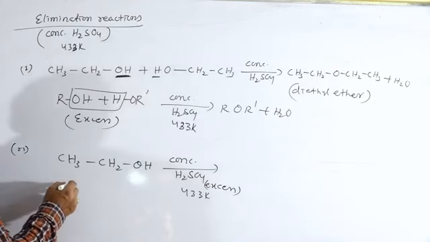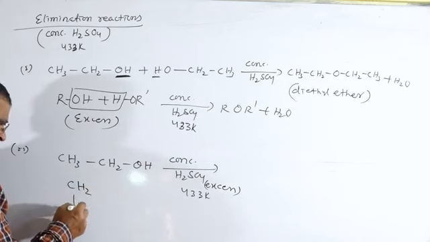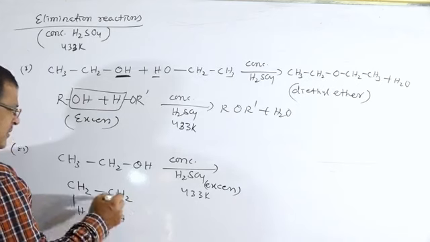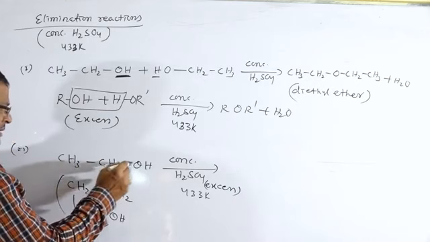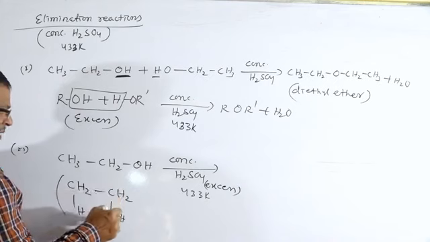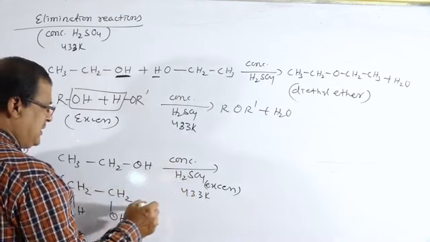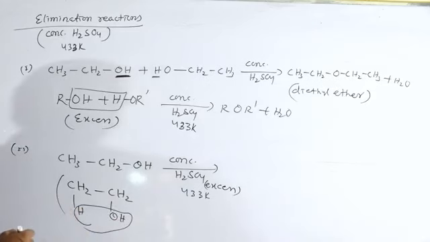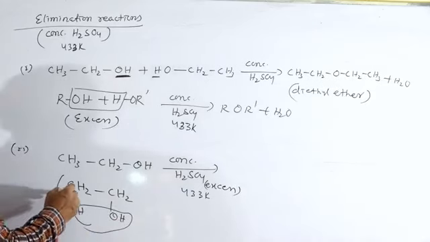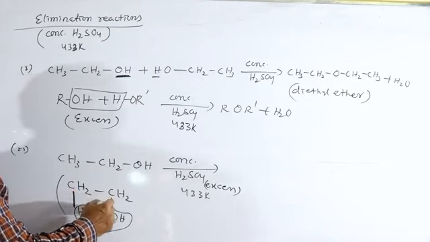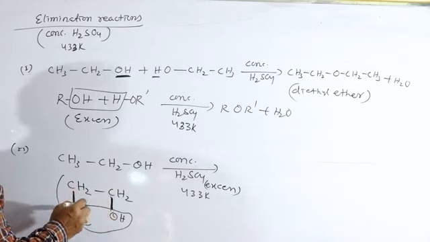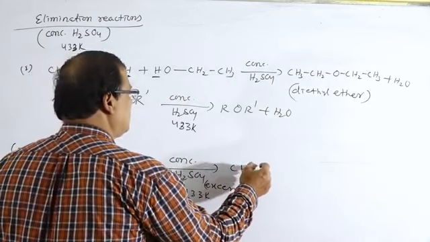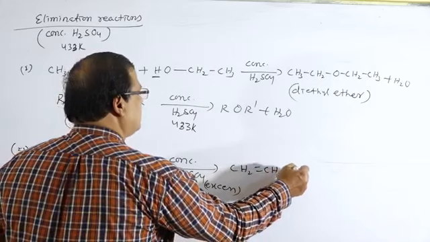In this case, H and OH are removed in the form of water. So we have to insert a double bond here. So the product is CH2=CH2 plus water.